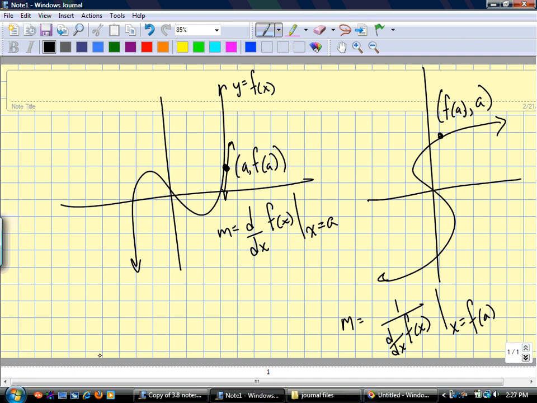Do you like that better? More complicated. All I'm saying is if this point has the slope of f prime of a, this point over here is going to have the slope of 1 over that, at the point f of a comma a.